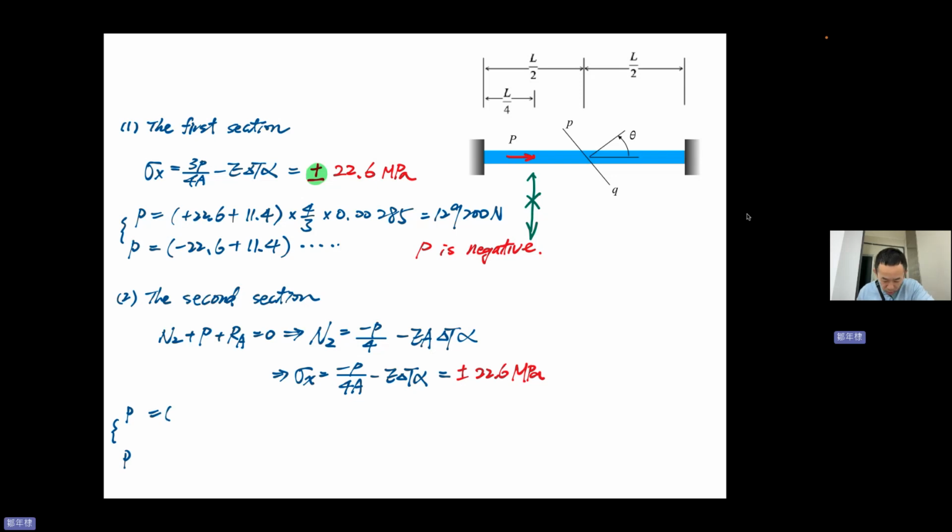P equals minus 22.6 plus 11.4, okay, and times, you see, minus signs here, minus P divided by 4A, right? So here is minus 4 times 0.00285. This is the area. And this is positive 22.6 plus 11.4. But now you times minus 4.